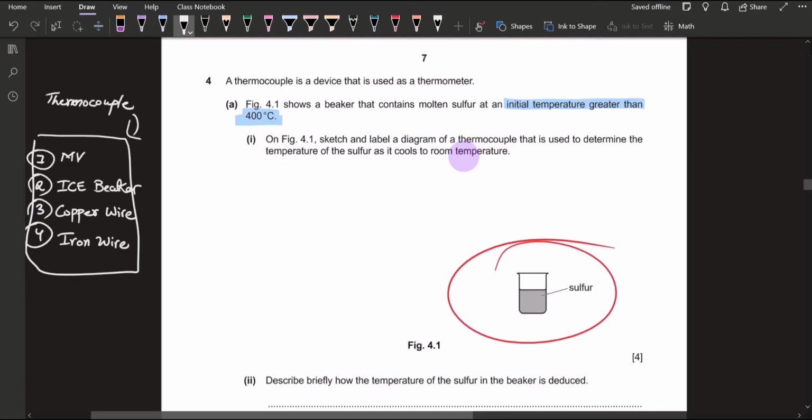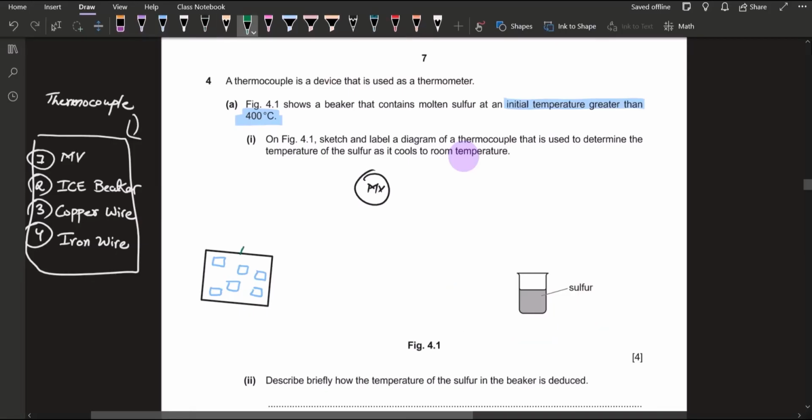We can draw these things here. First of all, we're going to draw a beaker with ice. We're going to have a beaker here which has ice cubes in it. And second, we're going to have a microvoltmeter circle with mV and 2 wires connecting both the ends. So it's going to be copper, which is going to come from here and connect to the microvoltmeter and inside the sulfur.